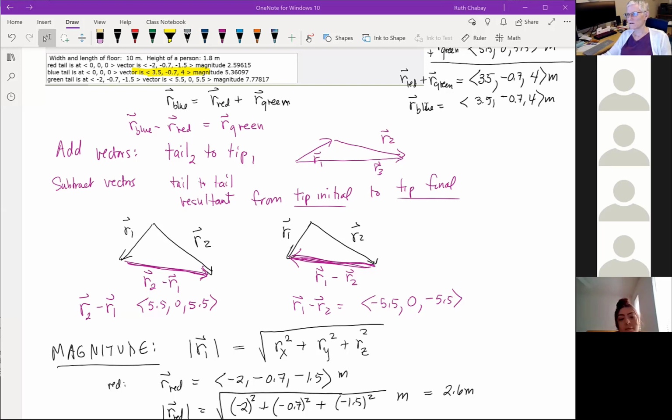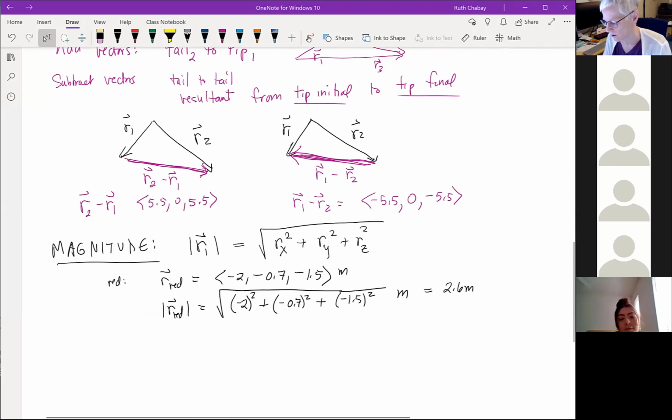And why is that? Well, that is because what we're doing is taking the square root of the sum of squares. And so we're always going to be taking the square root of a positive number. And so the magnitude of a vector is definitely going to be positive. Now, in physics, vectors tend to represent physical quantities. So what would it mean to have a negative distance?